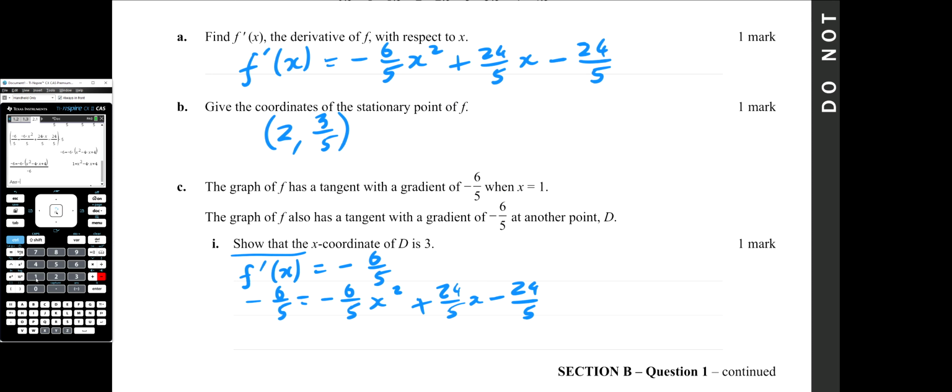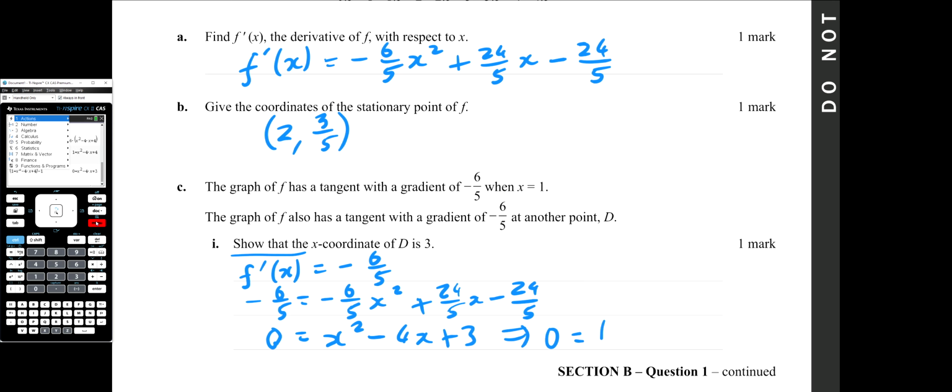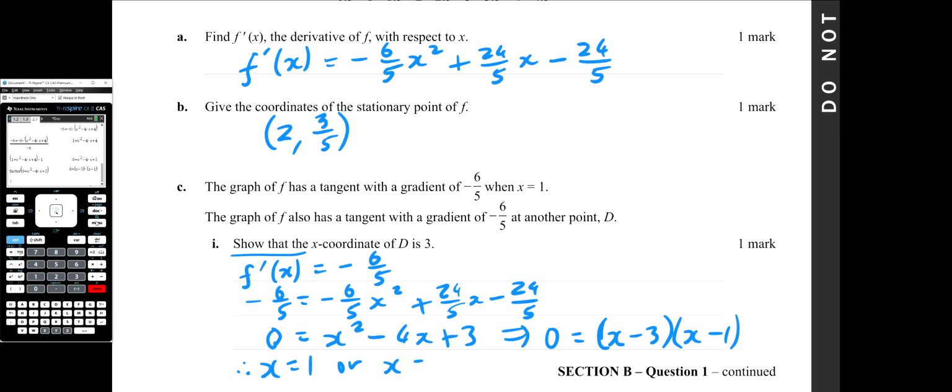We can then subtract 1 from both sides, and we end up with 0 equals x squared minus 4x plus 3. So this then leads to 0 equals, you can factorize this by hand or using CAS. Menu 3, 2 is factor, and we basically get 0 equals x minus 3, x minus 1. So this leads to, therefore, x equals 1 or x equals 3.